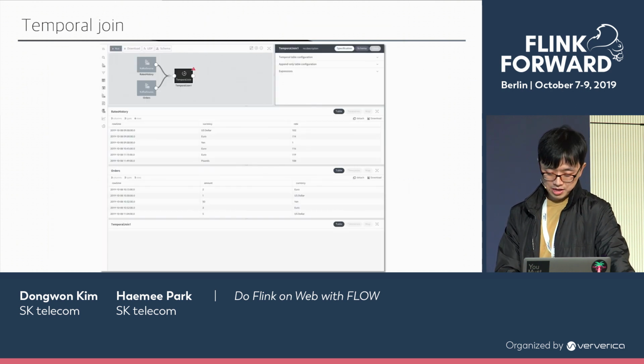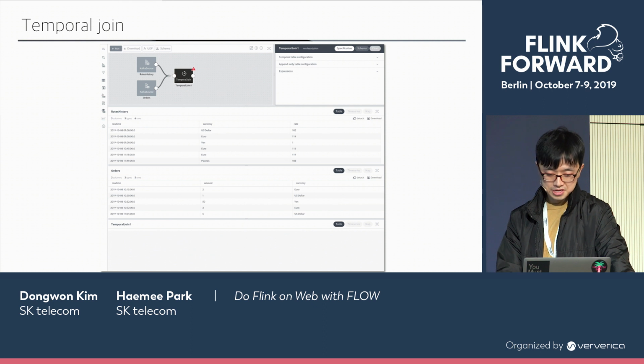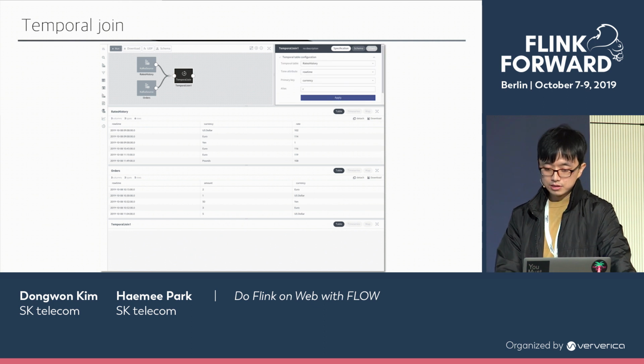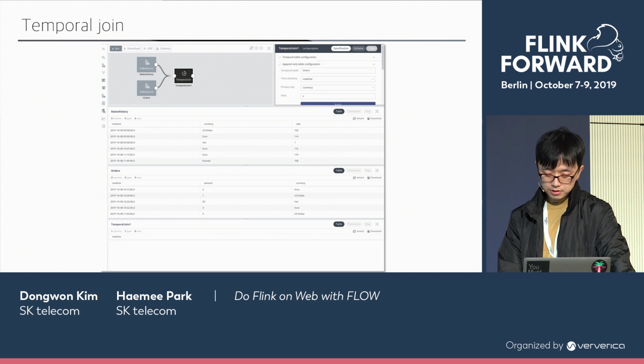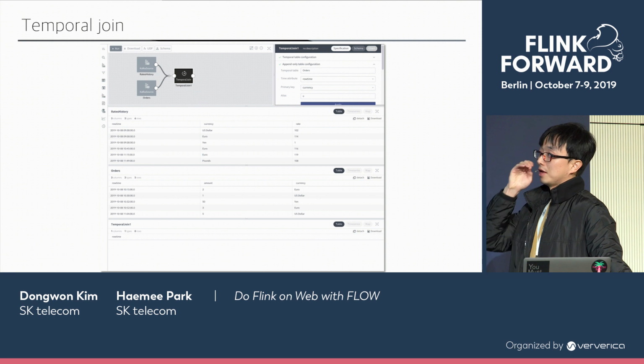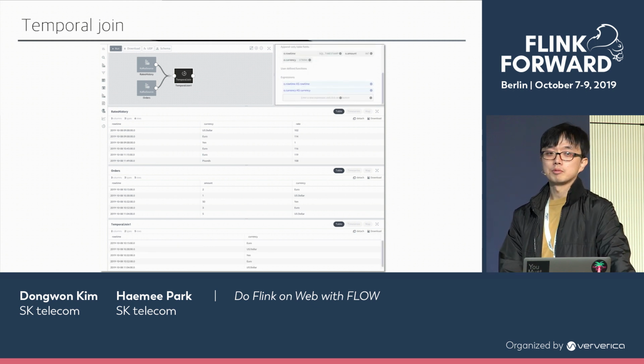Okay. And this is temporal join. Our operations can have multiple parent operators, and this is a temporal join, and you can configure temporal table, then you will configure append table, then the rest is like select operation. You can list up expressions you want to have in the result table in this way.